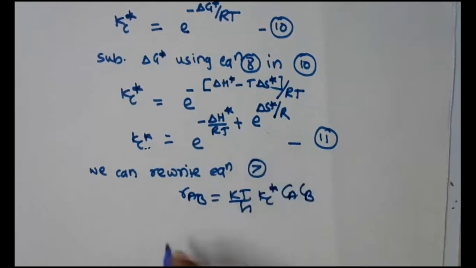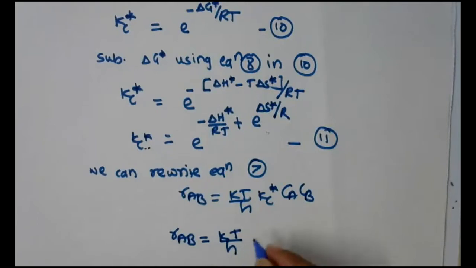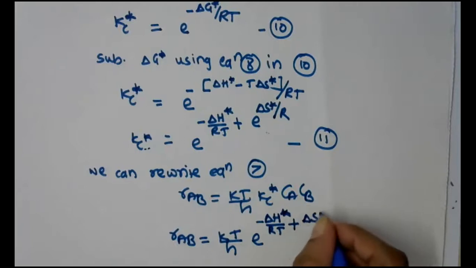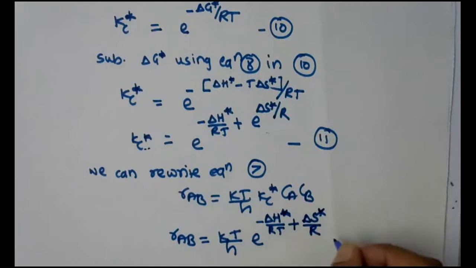So substitute in the expression RAB is equal to KT upon H, e raised to minus delta H star divided by RT plus delta S star divided by R, into CACB.